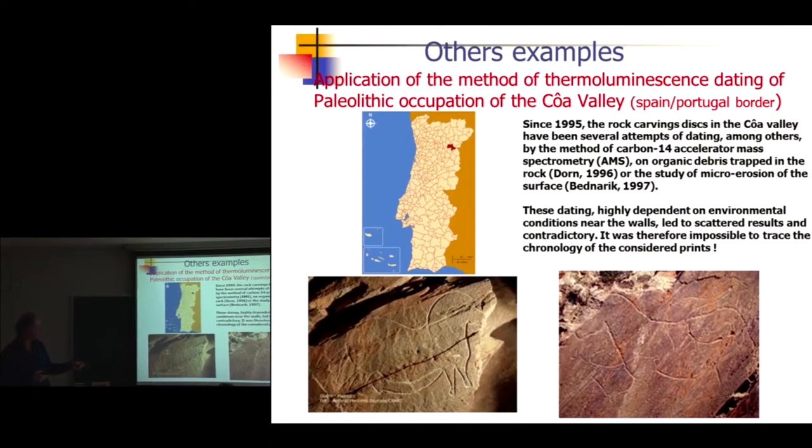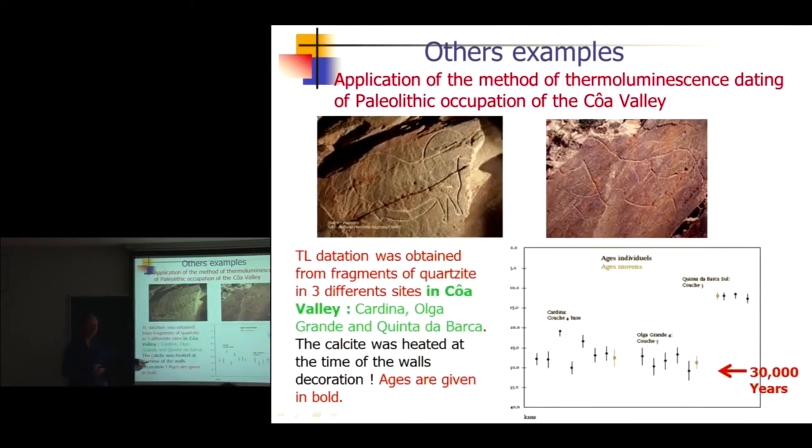So they tried thermoluminescence on the raw material that was found with it, because besides this type of carving, there were some fragments of quartzite, and they looked at the fragments of the mineral close to the carving. So this is the dating of 3 sites in this part of Portugal and Spain.